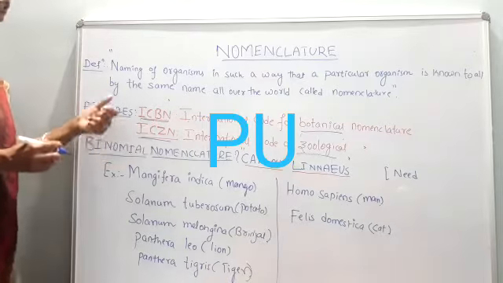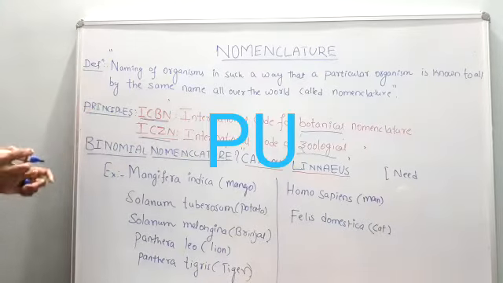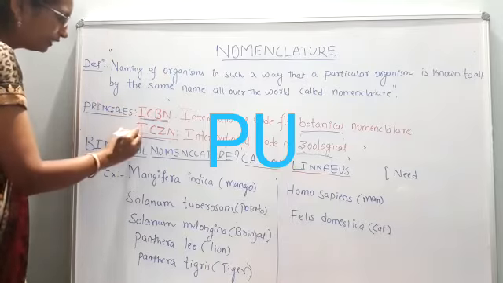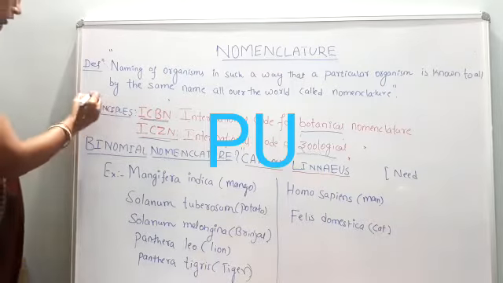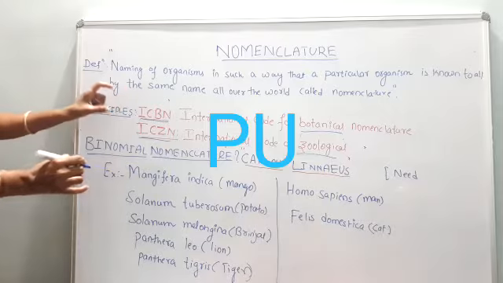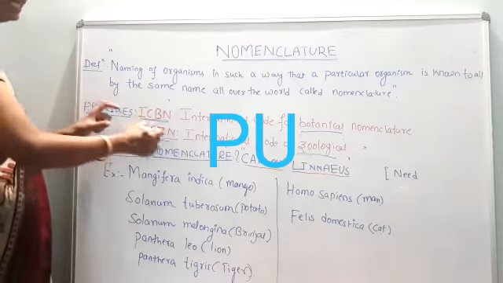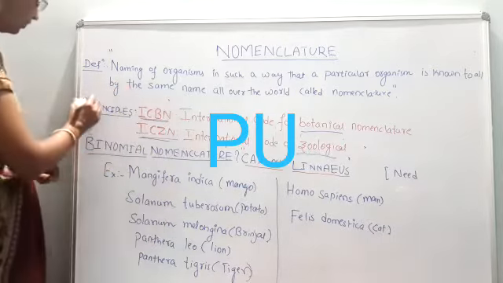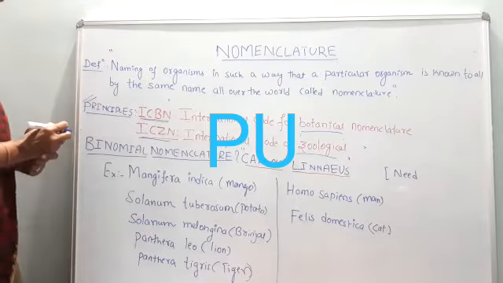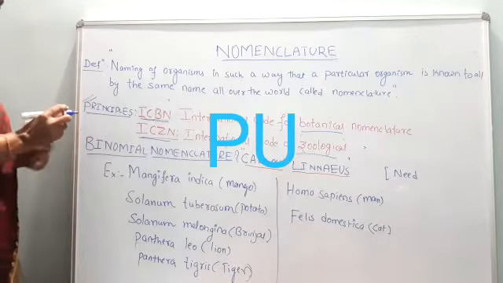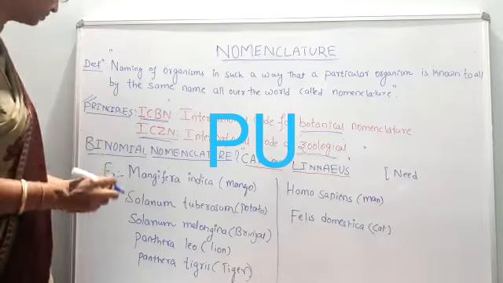These abbreviations are very important because in the examination you will be asked to expand ICBN and ICZN. So you have to remember the principles established by the scientists to name the organisms.